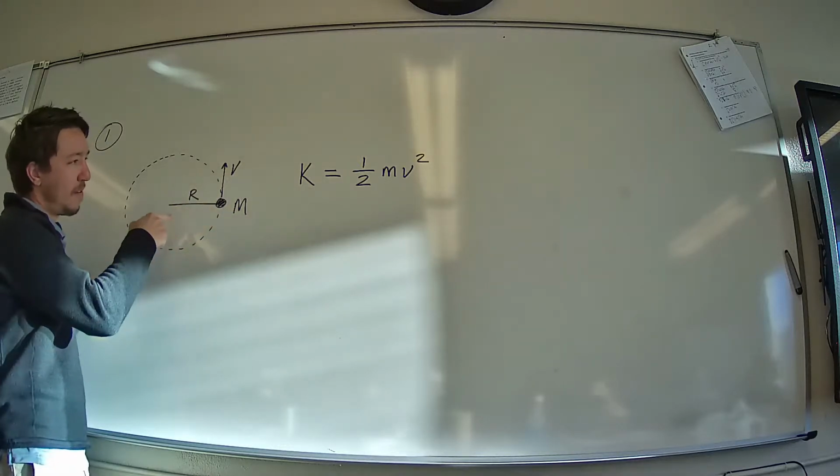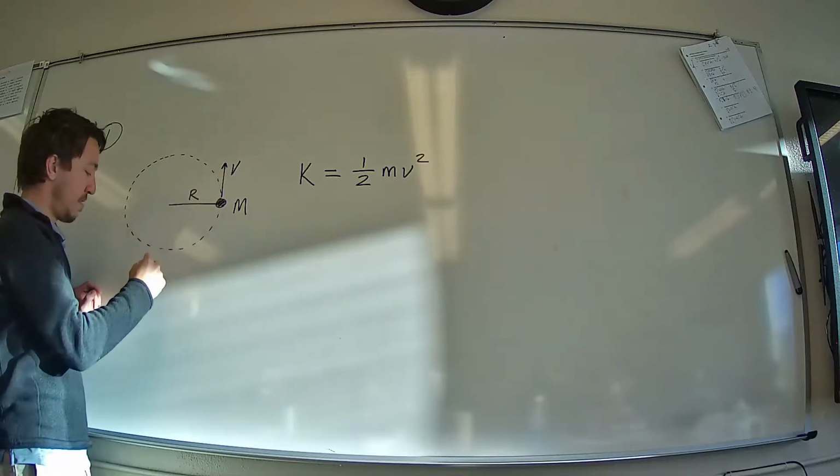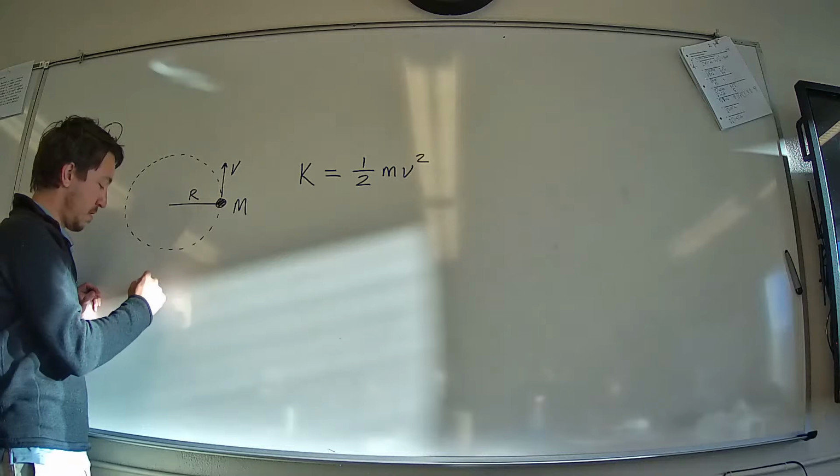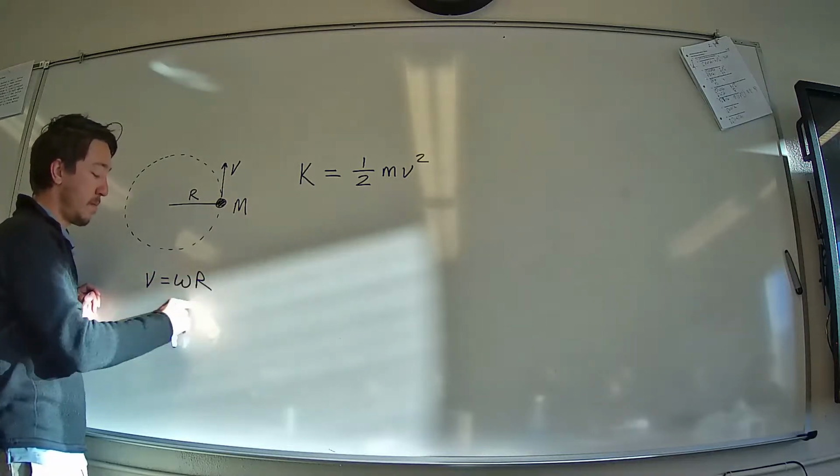So if I want to get omega involved, what can I do? How can I relate V to omega? V equals omega R, right?